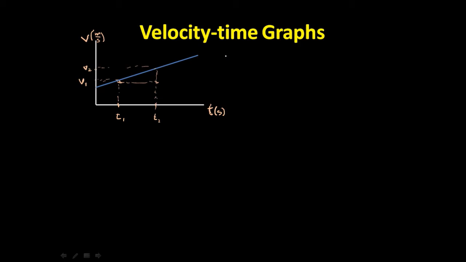Mathematically, the way you learned it is that the slope is equal to, well, you probably in algebra class learned y2 minus y1 over x2 minus x1. Look at the graph. No x's, no y's, v's and t's. So in fact, it's v2 minus v1 over t2 minus t1. That's how you would compute a slope.